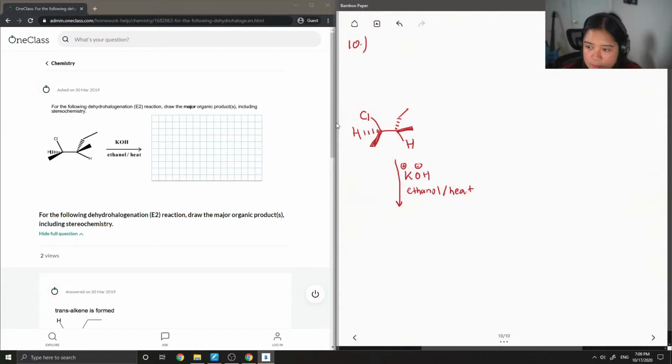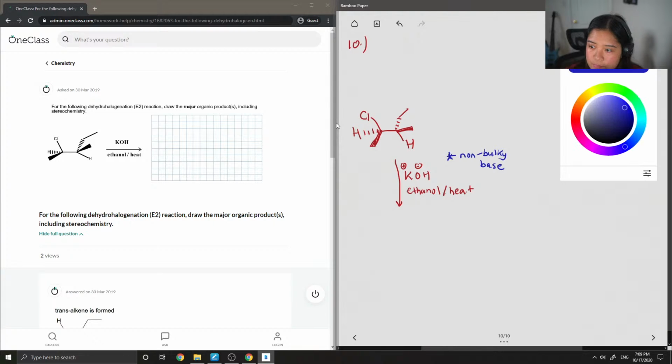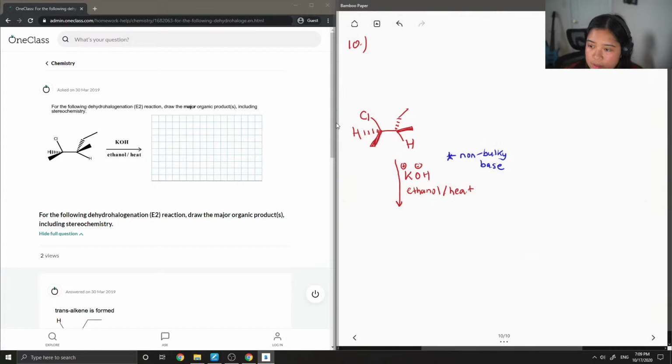So basically, since potassium hydroxide is a non-bulky base, it can come and deprotonate right here. That goes down to form a double bond, and then the chlorine is kicked off.